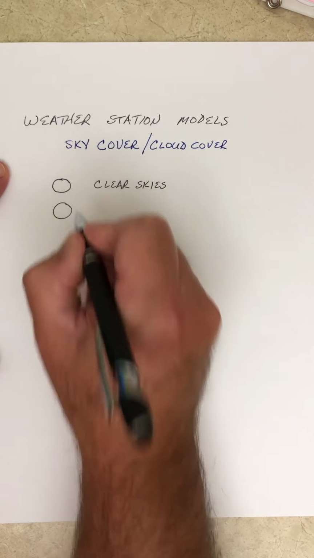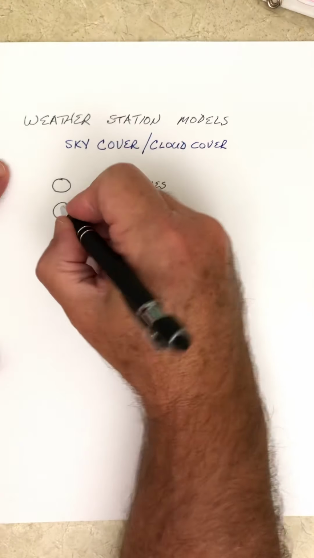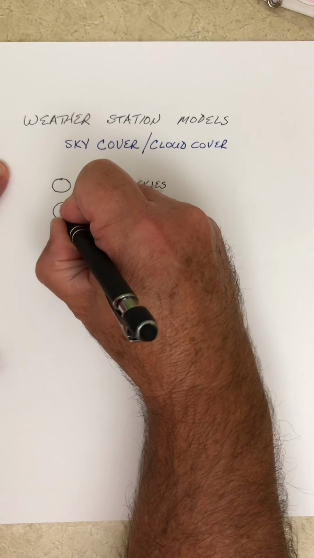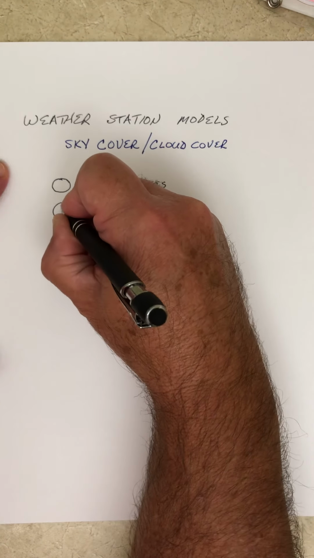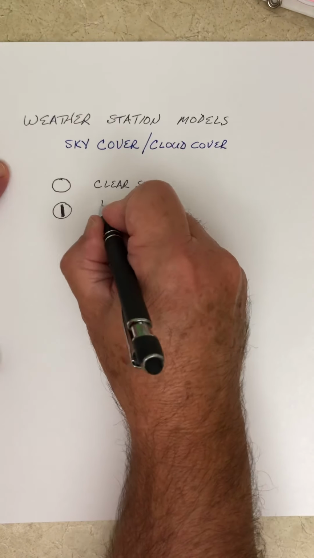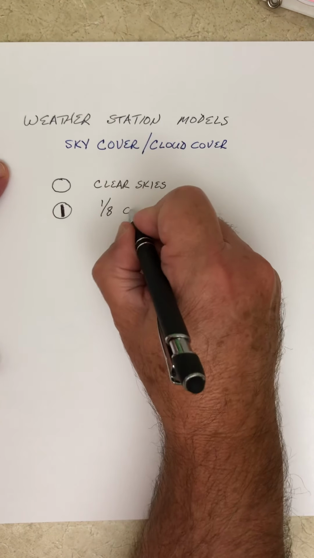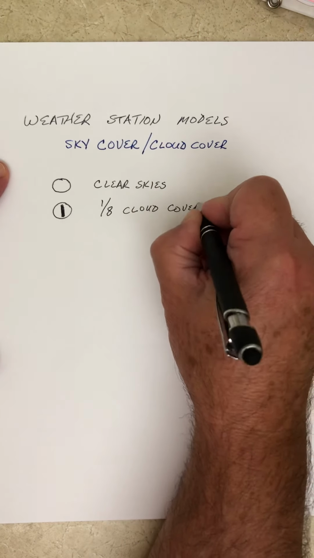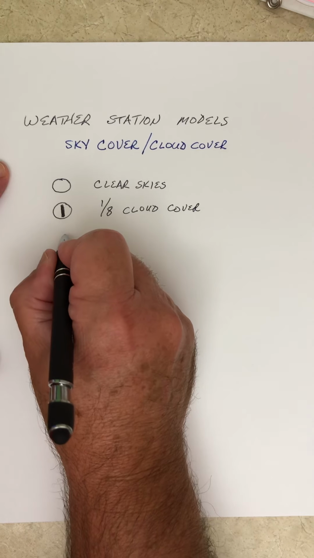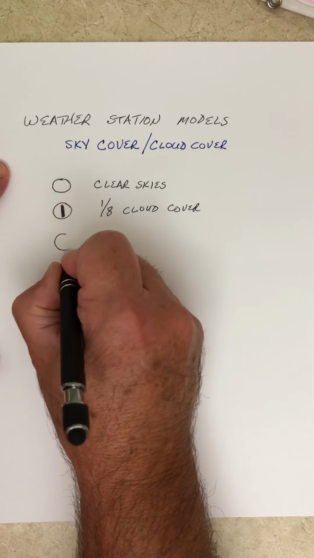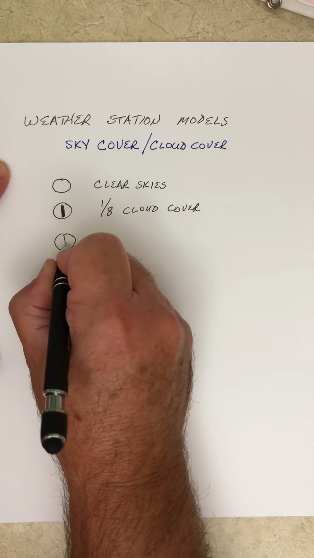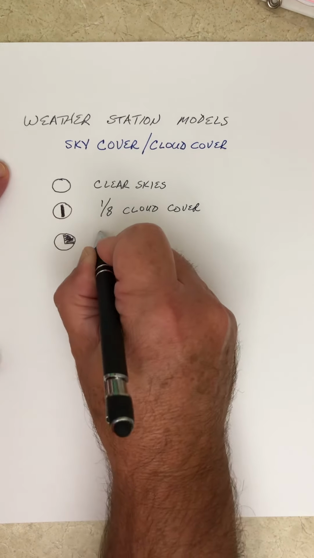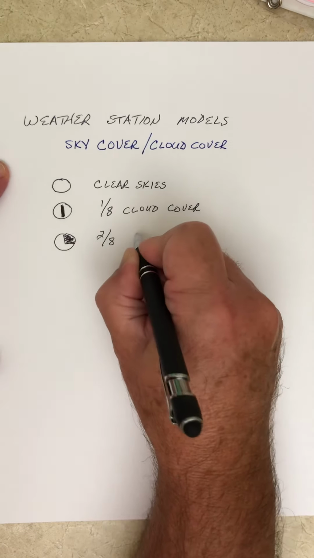If 1/8 of the sky is reportedly covered by clouds, then basically you make a number 1 kind of sort of in here. So that's 1/8 cloud cover. If you have 2/8, and you don't even have to reduce the fraction, but this would be 1/4 of the sky covered, so it would be 2/8 cloud cover.